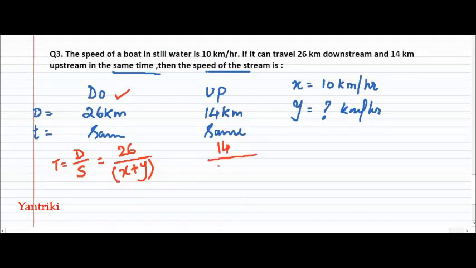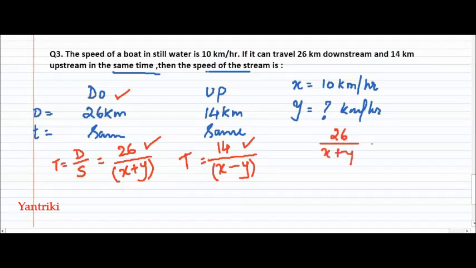And now for the upstream case, distance is 14 kilometers and speed is x minus y. And the same amount of time is taken in this case as well as in this case. In both cases, the same amount of time is required.